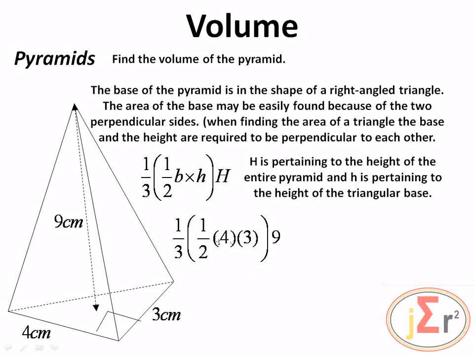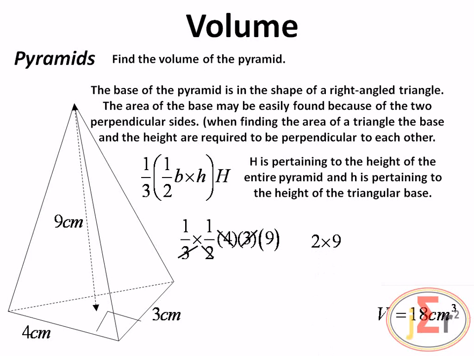So having all of this, 1/3 the area of the base is a half base times height, and then we multiply that by the entire height of the pyramid, uppercase H. Right. So we have simplifications, and then we have what? 2 times 9 is equal to 18 centimeters cubed, or cubic centimeters.